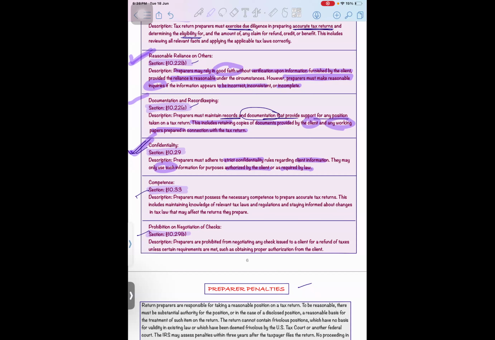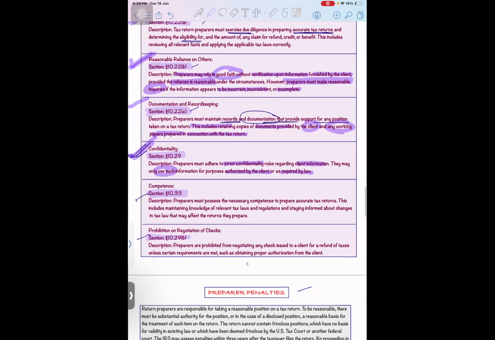Because taxation is a very wide subject. Even if you make a single small mistake, once penalties start applying on your return, and if you do not pay or respond to it, it will keep increasing day by day. Per day penalties are there. You will see how much penalty the preparer will also have to pay, and if there is a mistake from the taxpayer side, the taxpayer will also have to pay.